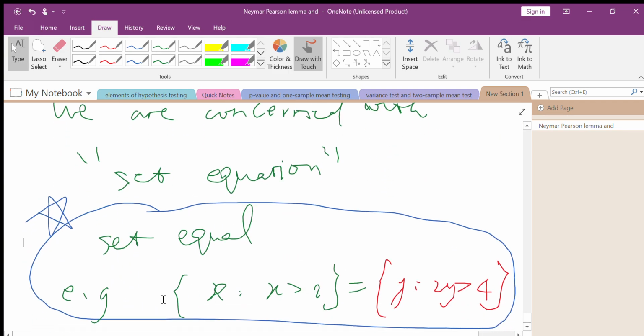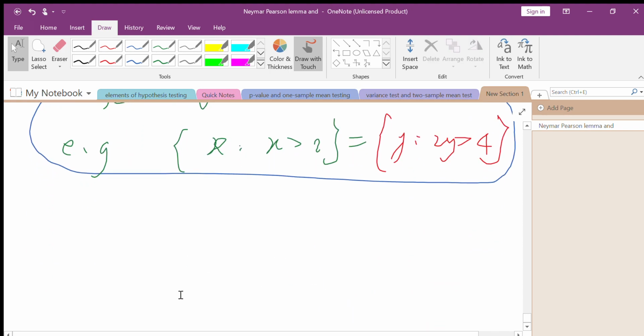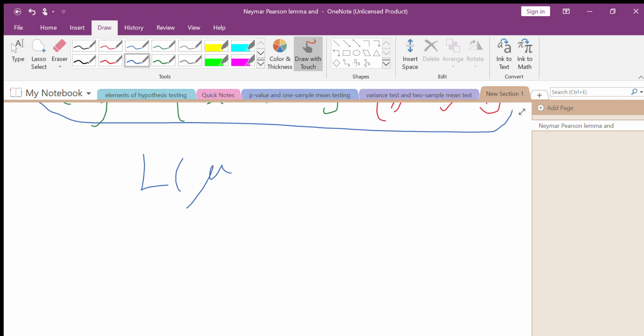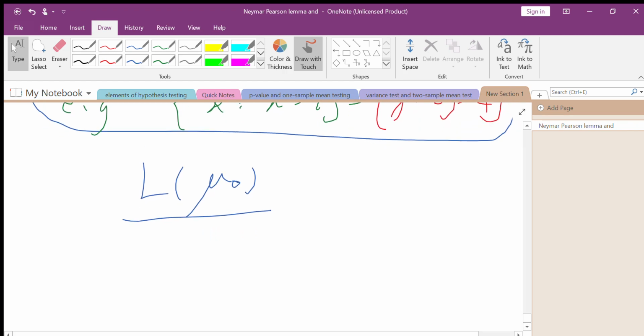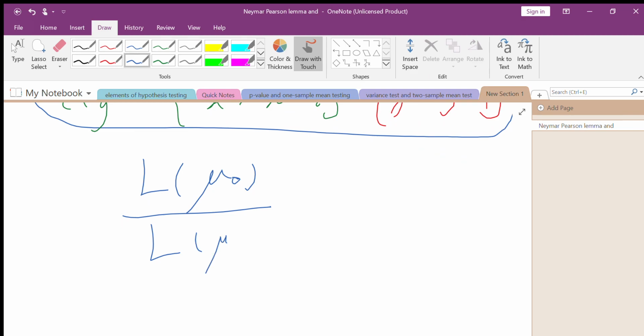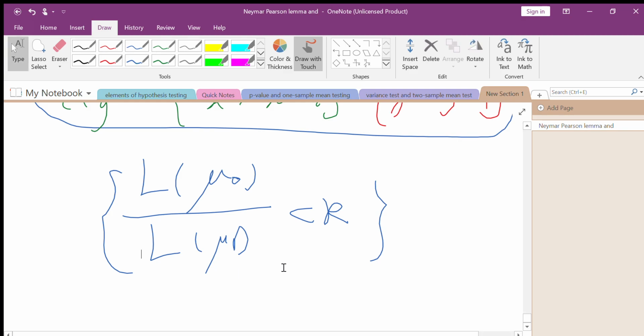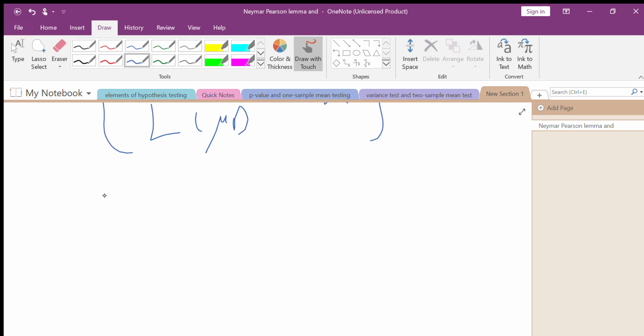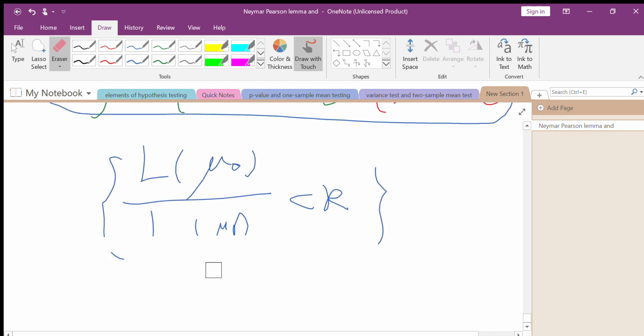So now let's specify what the set actually is. The first part is we need to specify the set for the rejection region. This equals... So before I write this, let's first review what the likelihood function is for the normal case.